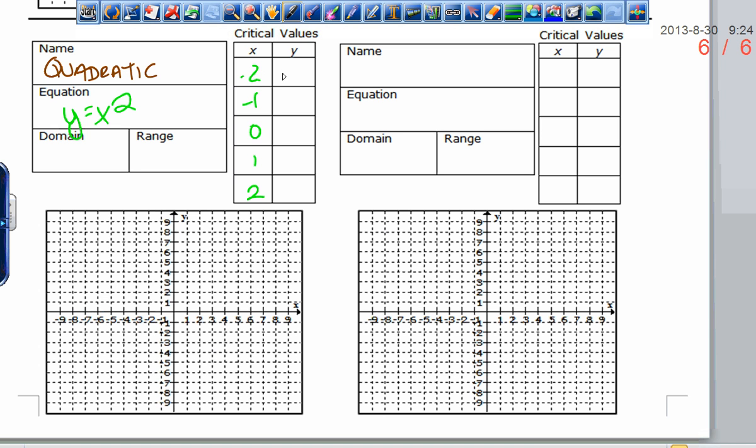Positive. A negative times a negative is a positive 4. Negative 1 times negative 1 is a positive 1. 0 squared is 0. 1 squared is 1. 2 squared is 4.